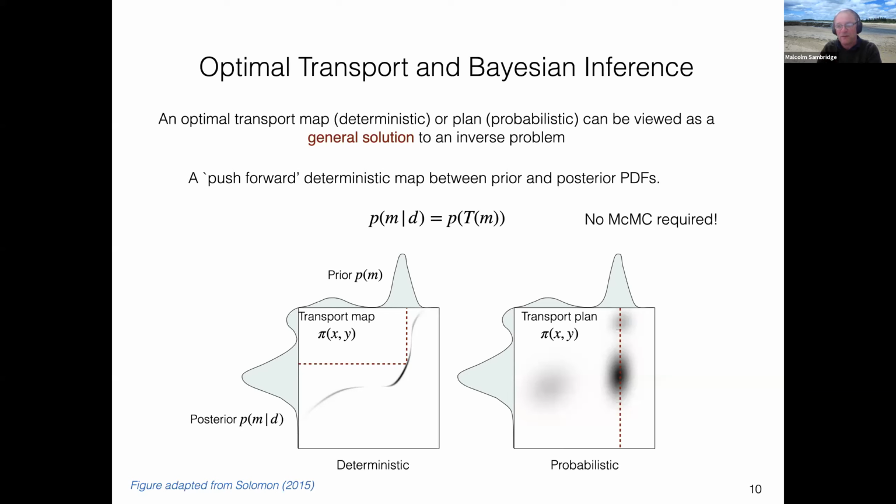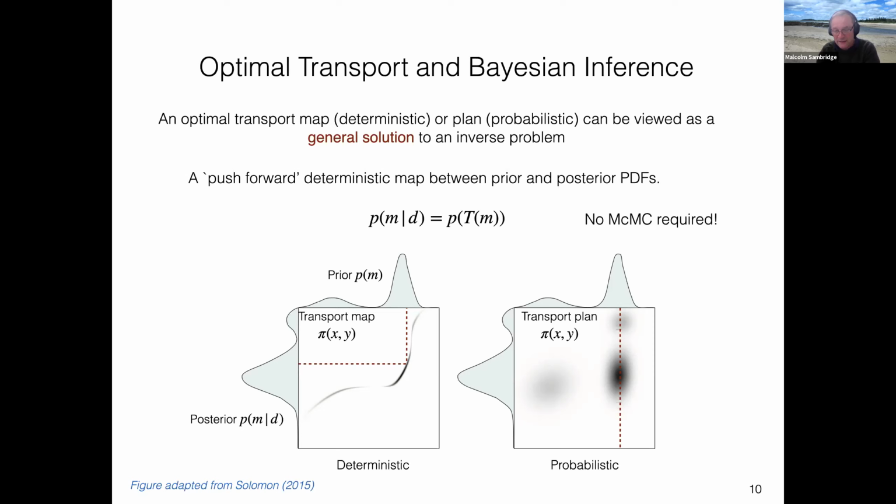So this is the formulation of Kantorovich, and he showed that in doing this, you can actually solve these problems with linear programming, which means there's always a solution. It's well known, well understood, and can be solved. It doesn't mean it can be solved practically, but it can be solved in principle.